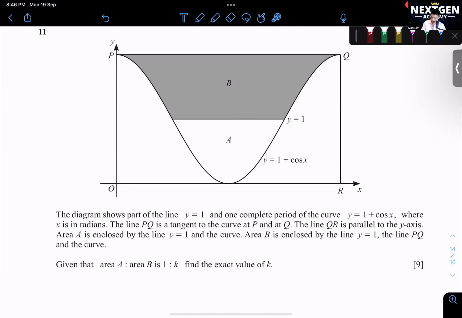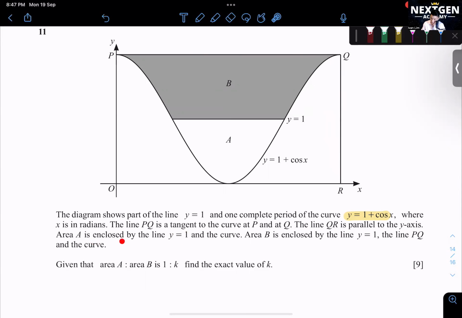Question 11. The diagram shows part of the line y equals 1 and one complete period of the curve y equals 1 plus cos x, where x is in radians. The line PQ is a tangent to the curve at P and at Q. So this is a tangent line. The line QR is parallel to the y-axis.